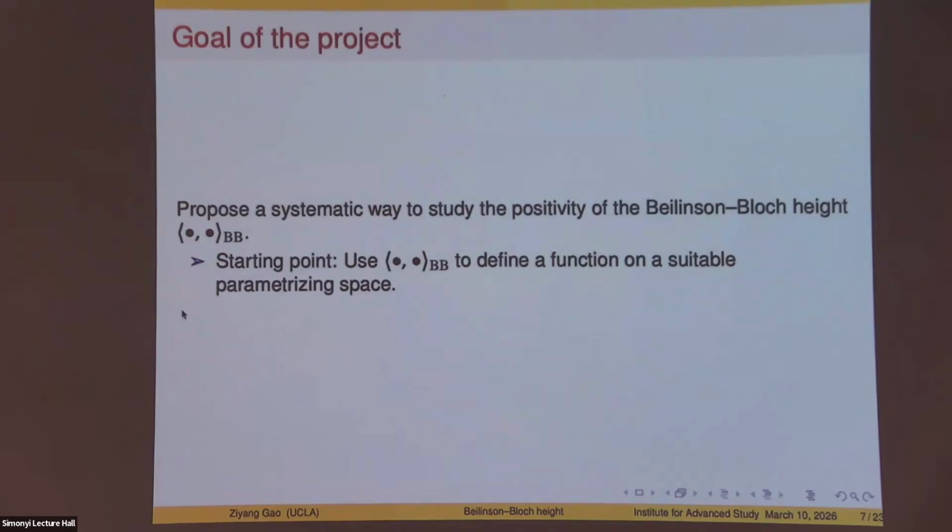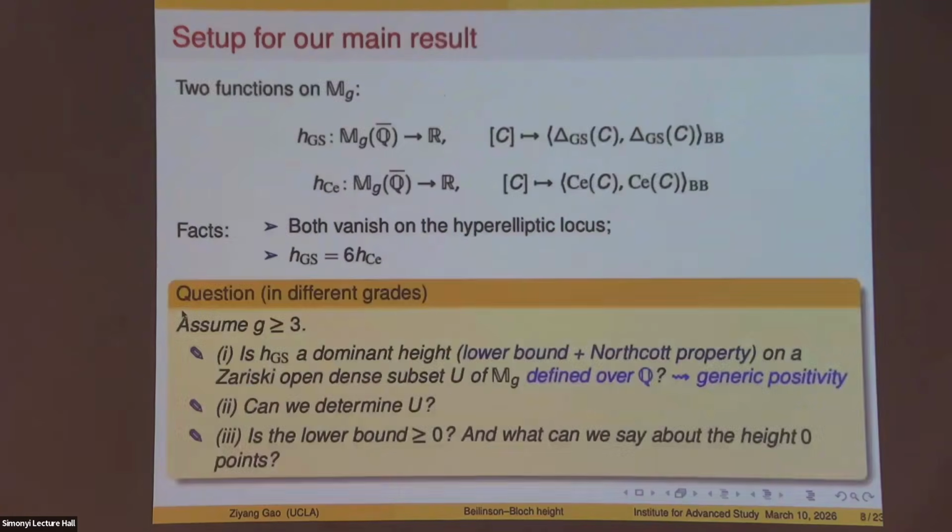We do want to propose a systematic way to study the positivity of the Beilinson-Bloch height. And the starting point is, as in many of these situations, we use this height to define a function on a suitable parametrizing space and study things on the parametrizing space. And for these 2 cycles, we do have a moduli space of curves, which is a nice thing.